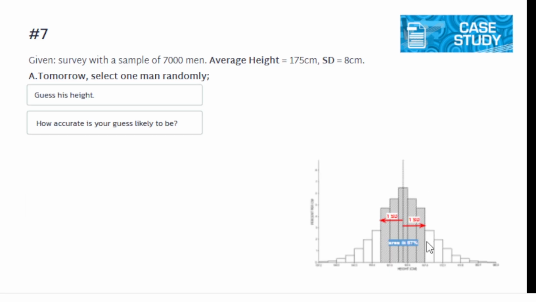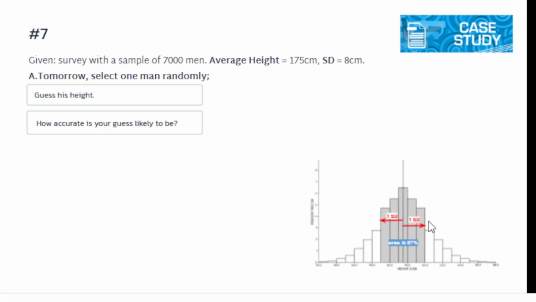Then you have to guess his height. What would be your best guess for the height of your randomly selected man? What value would you choose? And then how accurate do you expect your guess to be? These are typical statistical questions that we will face in the real world in application.